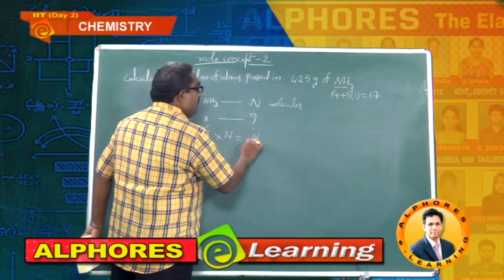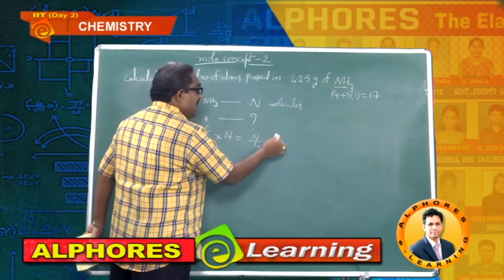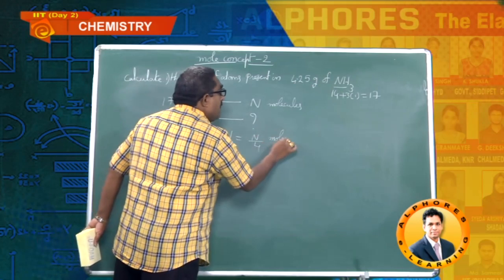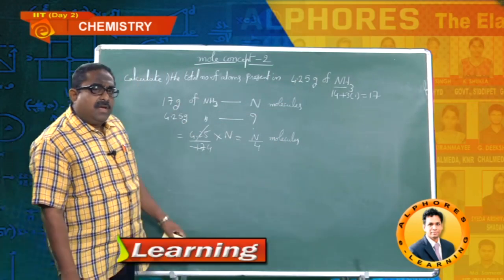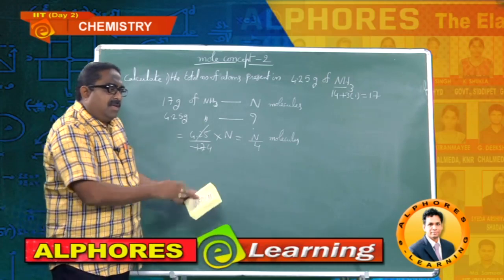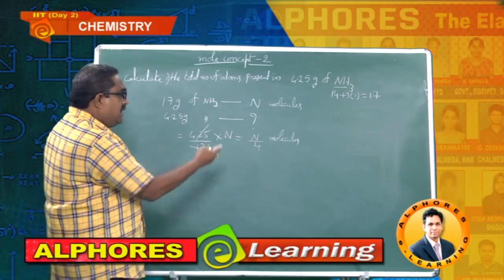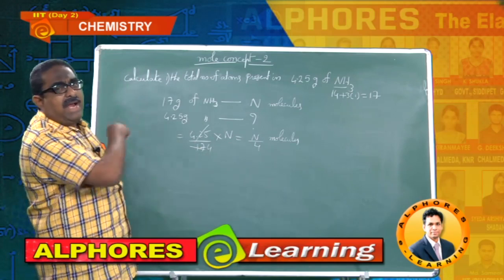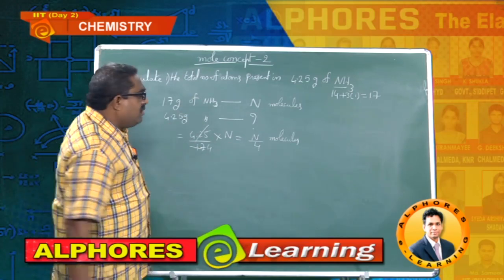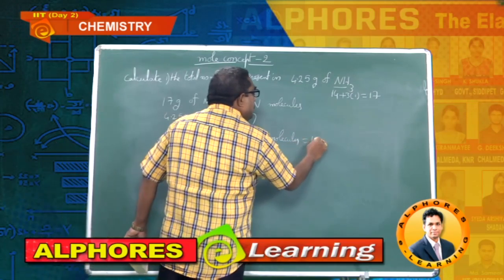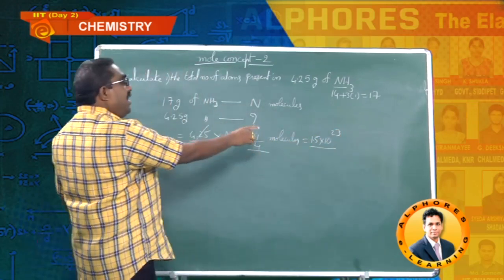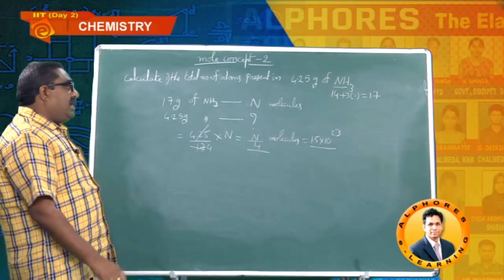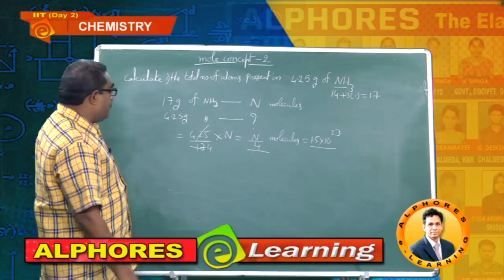So your answer can be reported as N by 4 molecules. If you are given the options with numerical value, then instead of N, you can write 6 into 10 power 23. So your answer will be 1.5 into 10 power 23. Either in this way or in that way, in both the ways we can answer the questions.